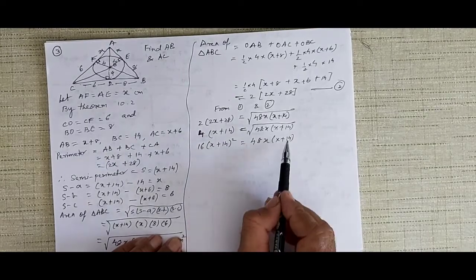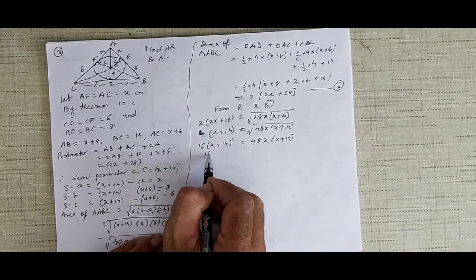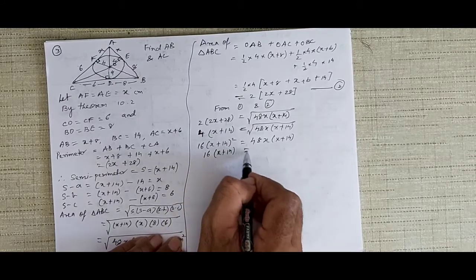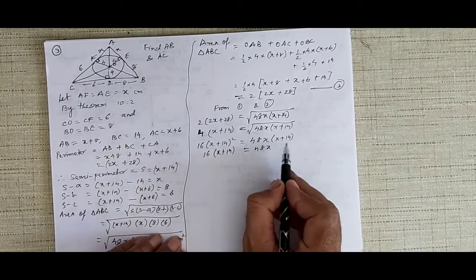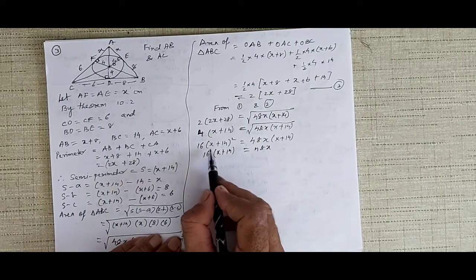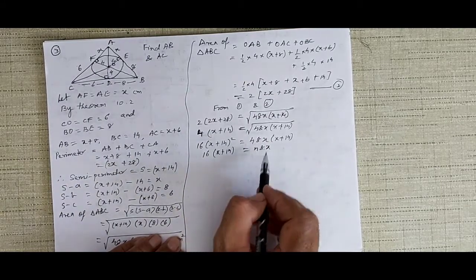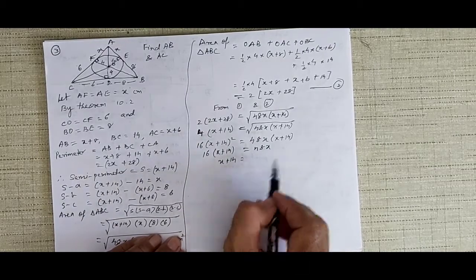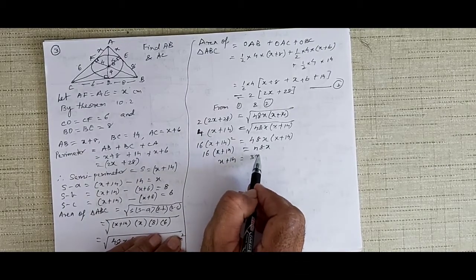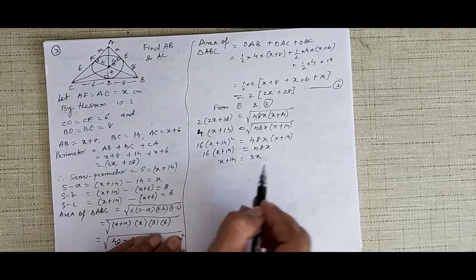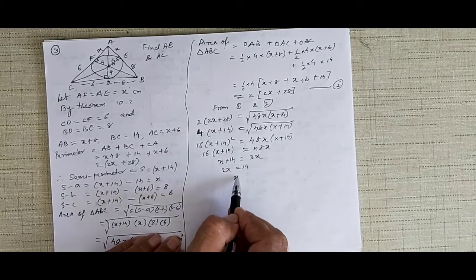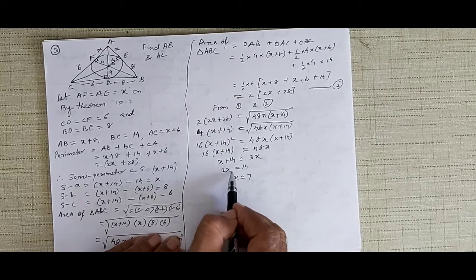Now remove x plus 14 from one side, so I get 16 into x plus 14, and here I get 48x. X plus 14 is cancelled from both sides. 16 3s are 48. So x plus 14 is equal to 3x. 3x minus x is 2x is equal to 14. So x is equal to 7.